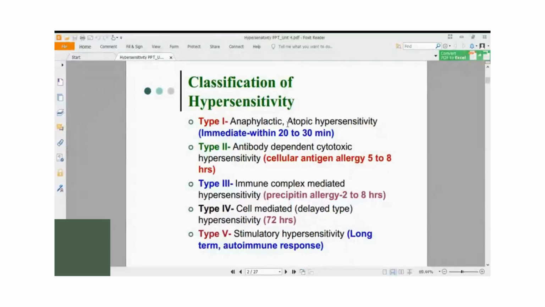But if it is running in the family, that in a given family, a large number of the descendants of that family will be suffering from one particular type of allergy or hypersensitivity, which is called atopic hypersensitivity. It could be even eczema. Eczema is another type of type 1 hypersensitivity.